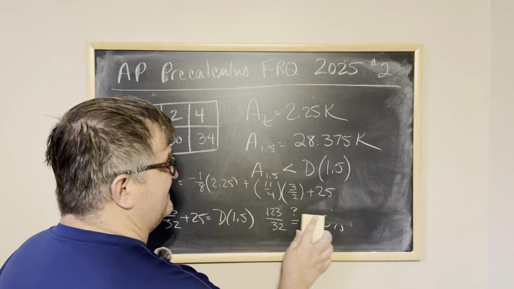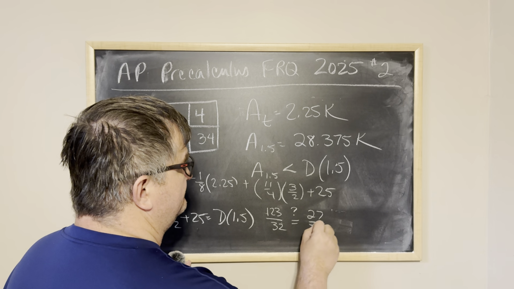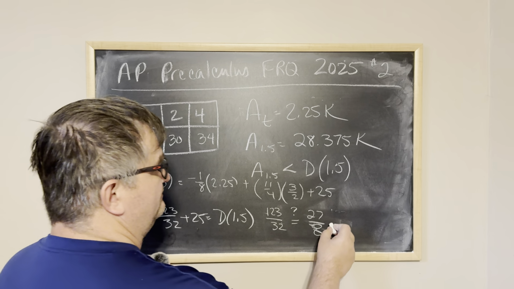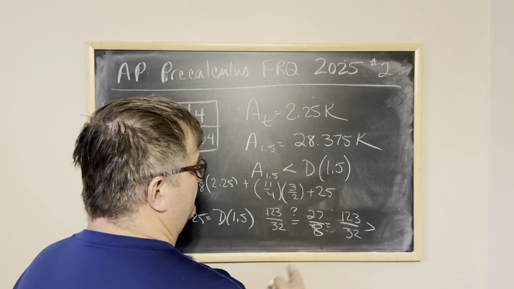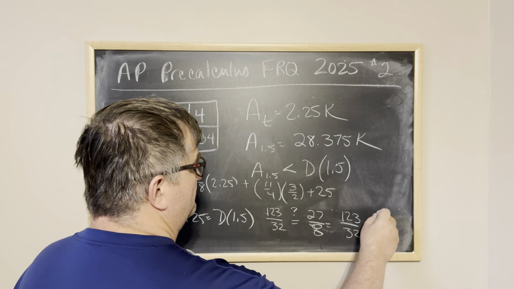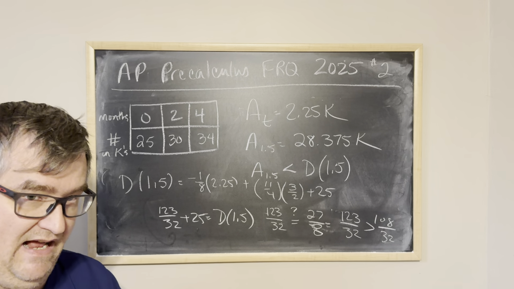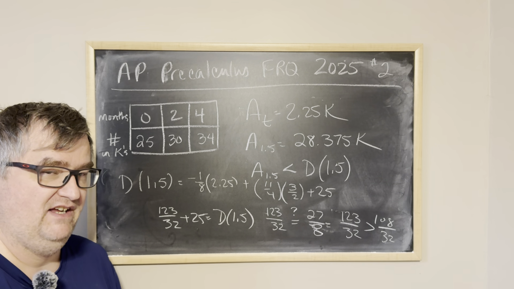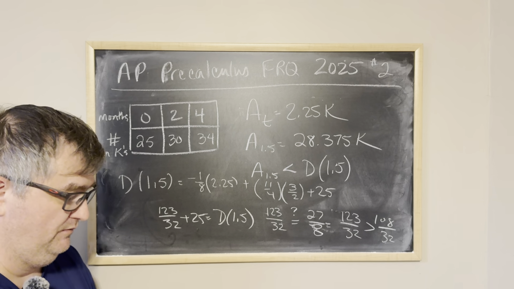So it's 27/8. Okay, 27/8. So obviously when you multiply this by 4, you're trying to figure out, and so multiply this by 4, and there's the proof. So we have justified that D is always greater than A of t. We just proved it in this example.